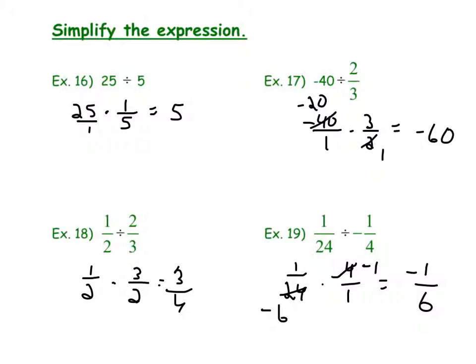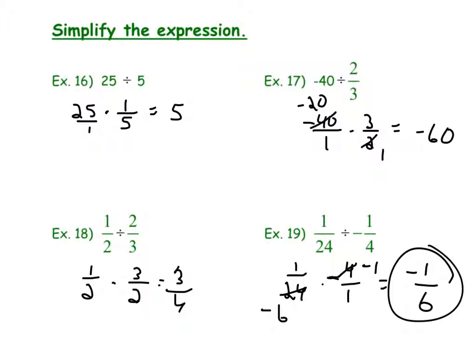I was looking at that for a minute because of this negative here. So it's really not a negative times a negative, it's still a negative times. So really when I divide, I'm just dividing by 4. I don't know if that makes sense. We can talk about that in class if you have a question. But the answer to that, you have a positive divided by a negative, so it'd be negative.